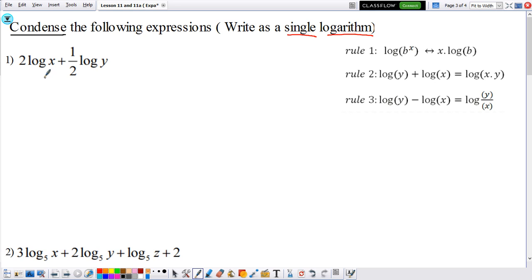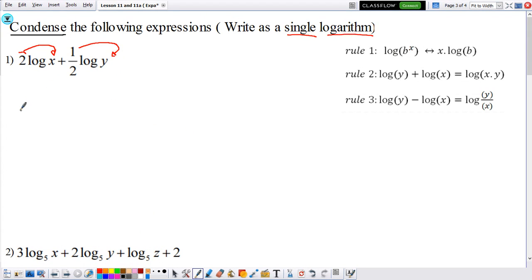It's basically the opposite of what we did on our previous video. On our previous video, our last step was to put the exponent in front of the logarithm. So that means that when we're condensing, our first step is to put any number in front of the logarithm as an exponent, which is pretty much the opposite of what we've been doing.